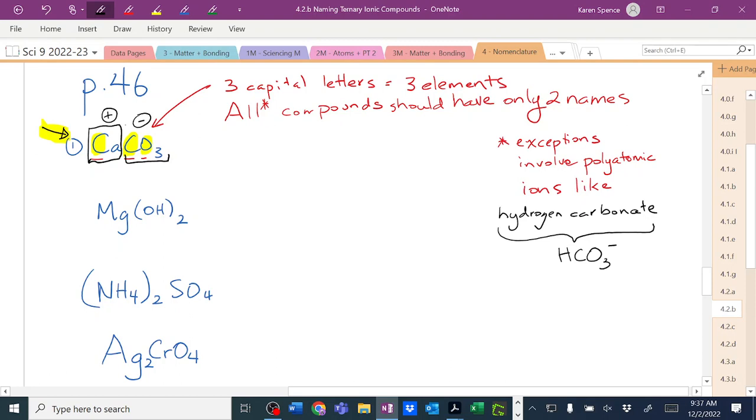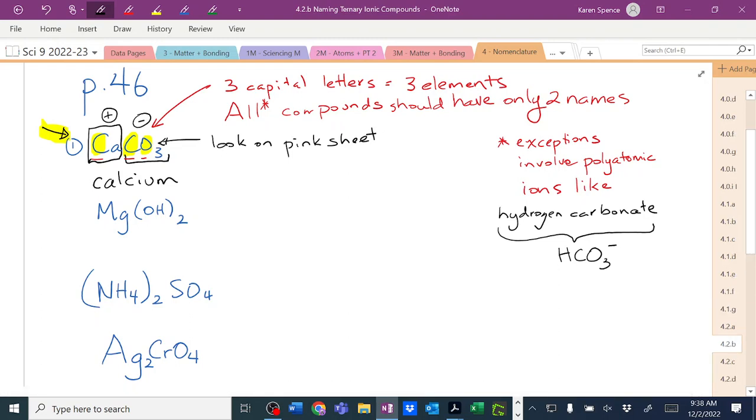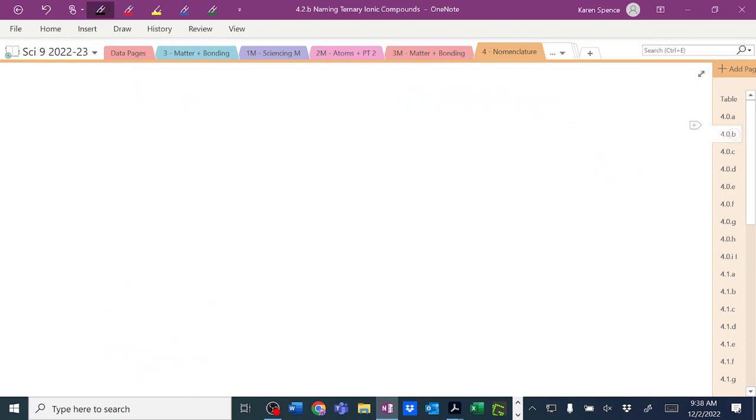Now, you guys know what Ca is probably by this point. Who's Ca? Calcium. So we can do that. That's easy. Calcium. Now, where would I look to find CO3? You're going to look on your pink sheet. So if you go look on your pink sheet and you're looking for CO3, it's probably in the C's somewhere.